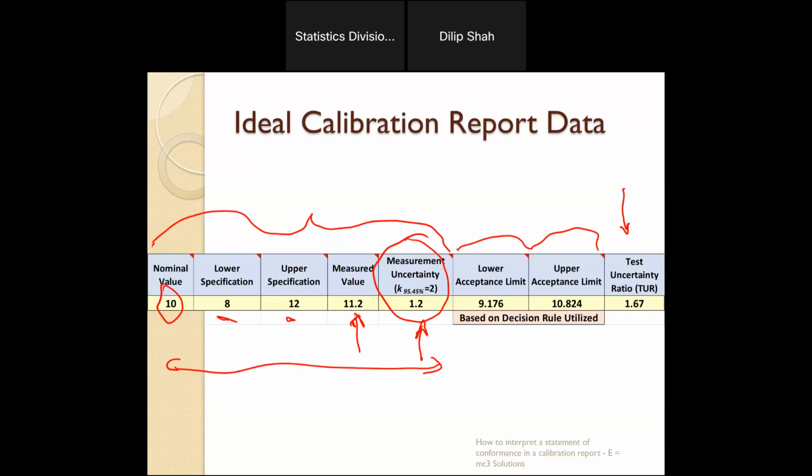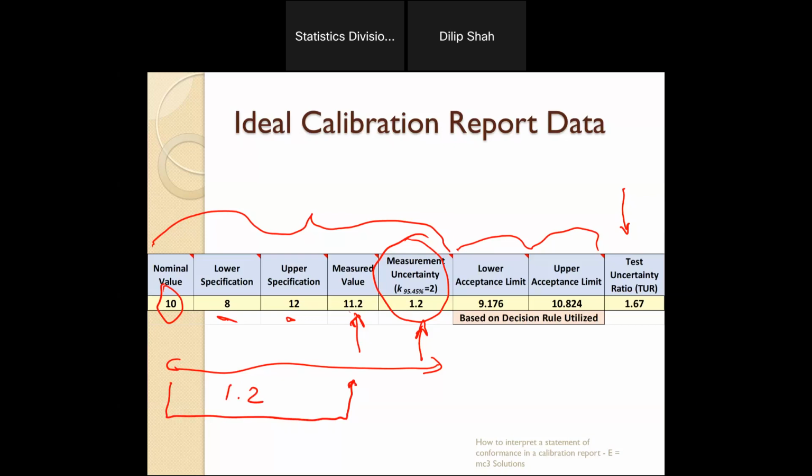But it is not to be thought about in that way, because the test uncertainty ratio does not take into account the location of the measurement. It assumes when you make that 4:1 criteria that your measurement has no bias. And in this case, we had a bias between the measured value and a nominal value of 1.2.